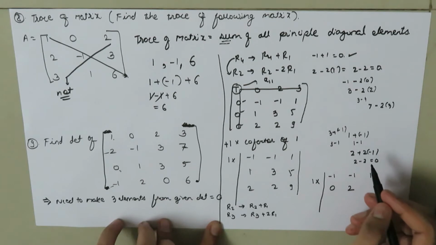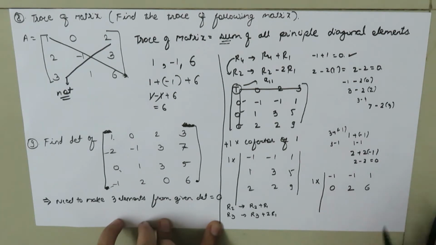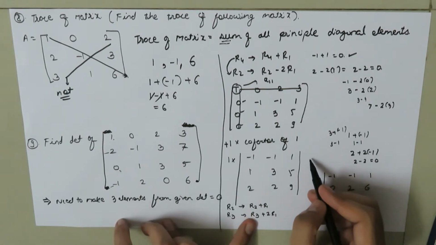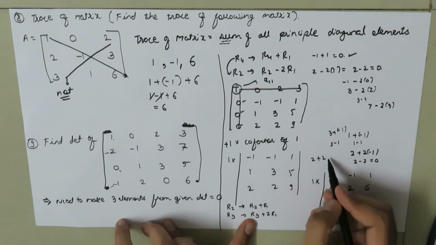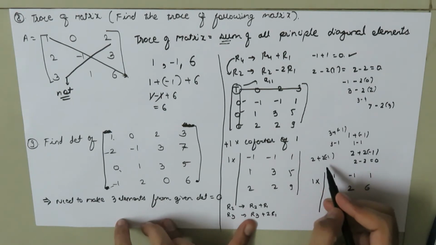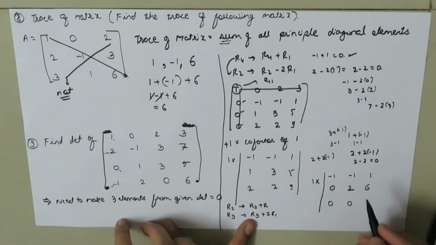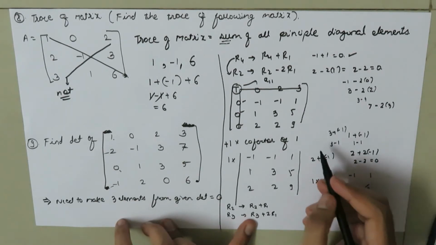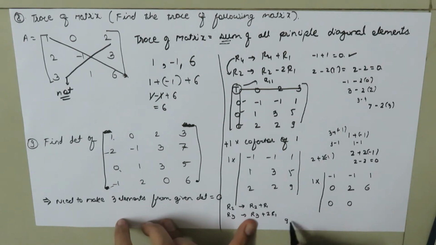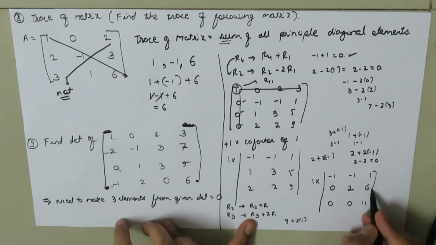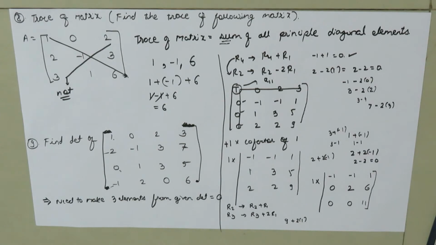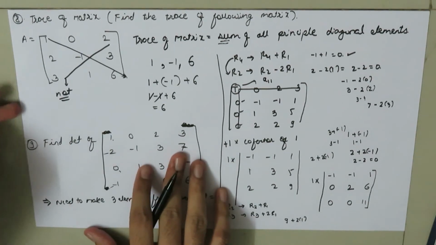And here we have 6, and this row will be, here we get 0, and here we have R3, means 2 plus 2 times -1, so this will also be equal to 0. And here we have 9 plus 2 times 1, so this will be 11. So again what we can do is we can simplify this.